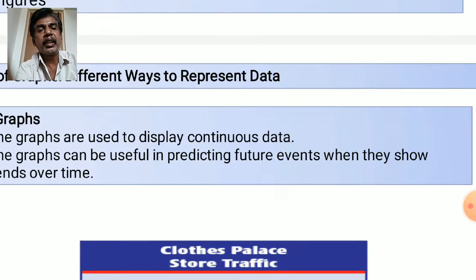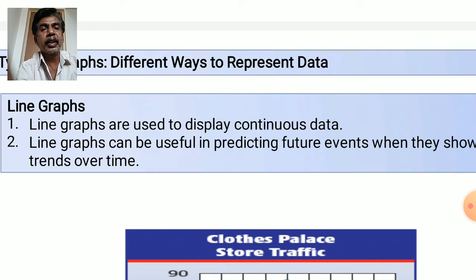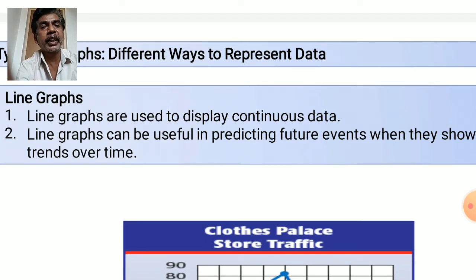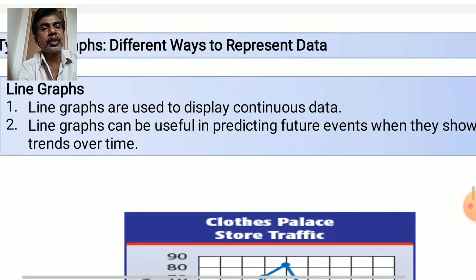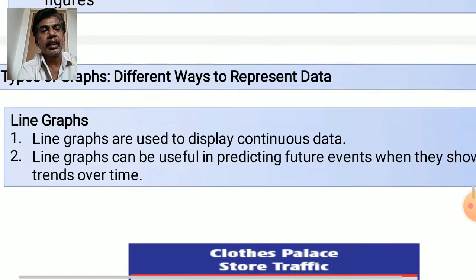Line graphs are one type of graph used by businessmen for representing statistical data. Line graphs are used to display continuous data, and they can be useful in predicting future events. So this is an example of line graphs.